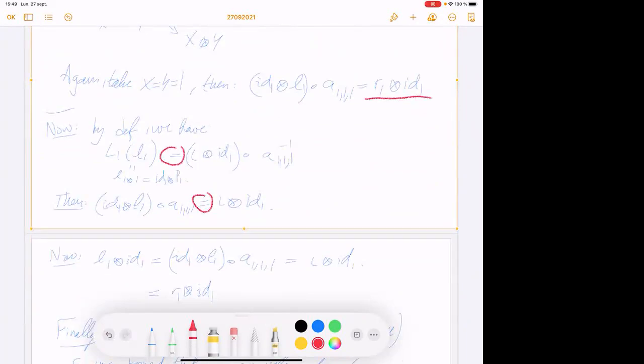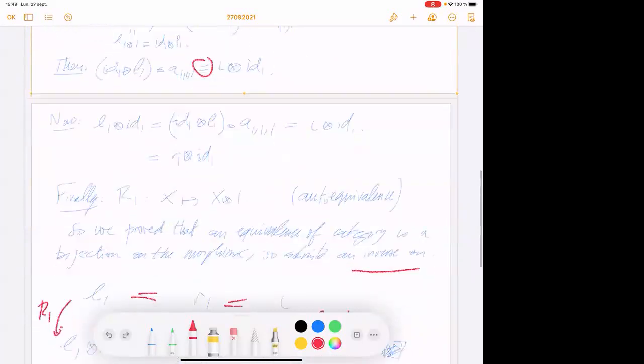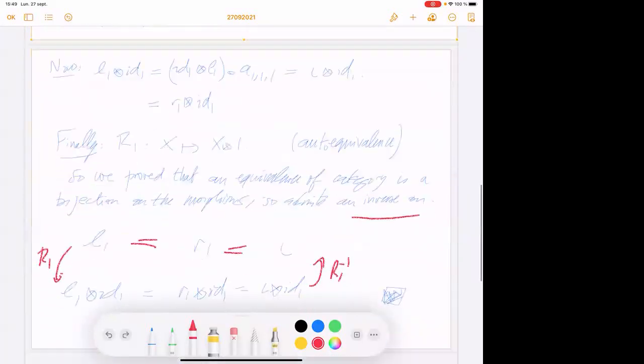The last equality we get was just by definition of how we made L. If we remember, we made it so that something like that should be satisfied. So this is by definition. So we get the third equality by definition. And then you combine everything and you get exactly what we wanted.